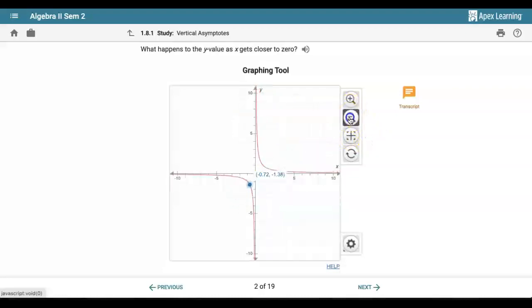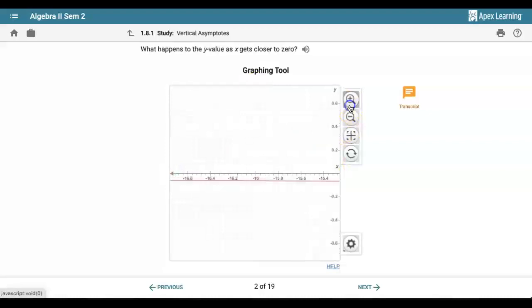And if I zoom out here, what you're going to notice is that it looks like it's at the axes. But if I go over and zoom in really, really close, eventually, on a small enough scale, you're going to notice that it's not actually crossing.